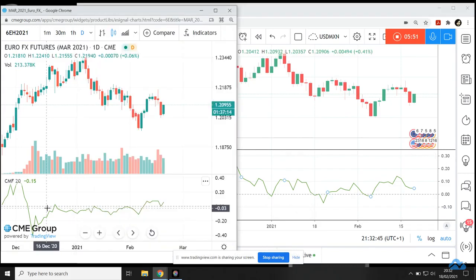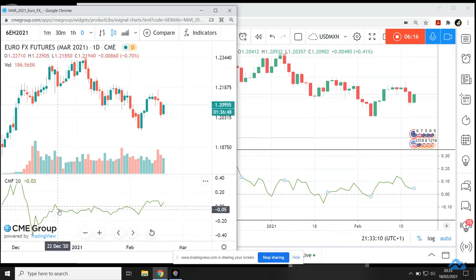So if we go here to the 18th of December, instead of that gradual descent, what we see is the Chaikin Money Flow staying just under the zero mark, not really moving. The price is coming down, pretty much equivalent to the spot FX price, and so that doesn't change between the two charts.